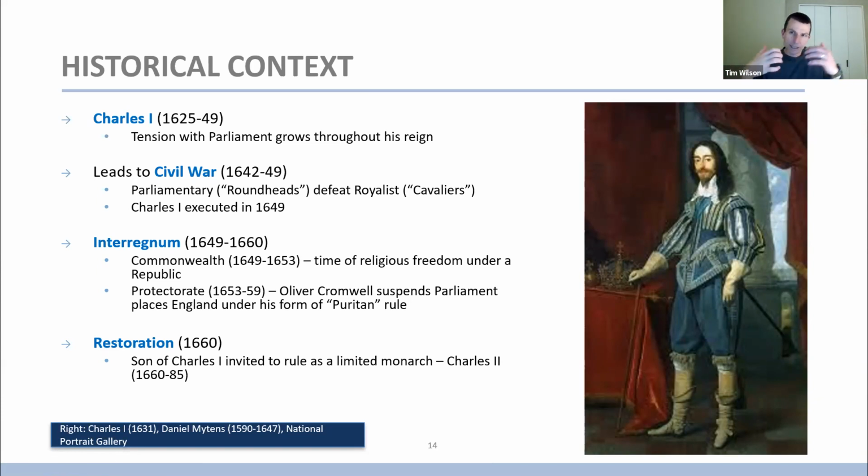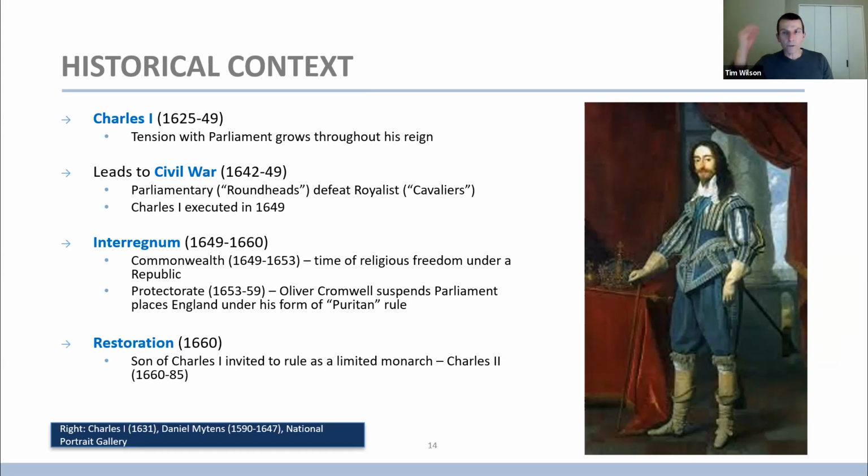There's a tension at the time with each asserting its power. It leads to a civil war from 42 to 49, and the parliamentary forces ultimately defeat the royalist forces, and Charles I is executed. And then for a short time period there was a commonwealth, so a republic in England for a number of years.